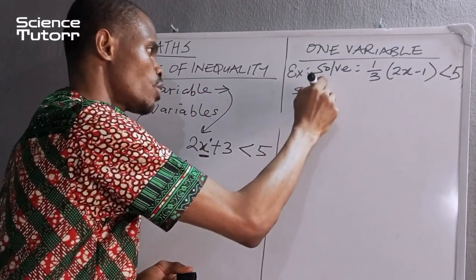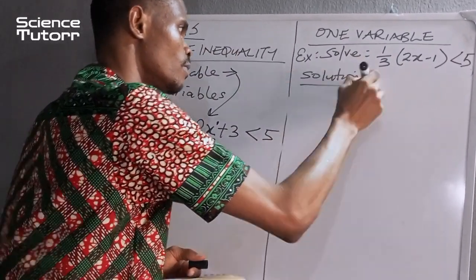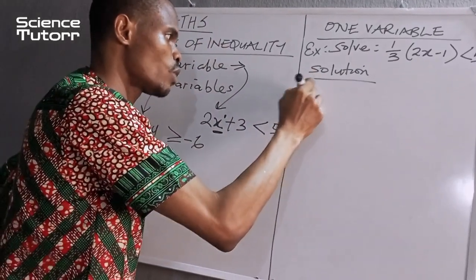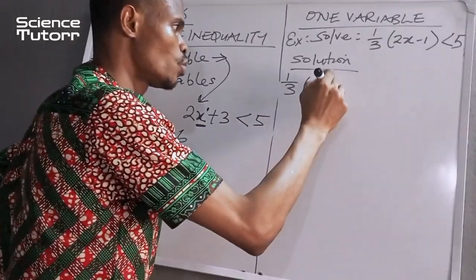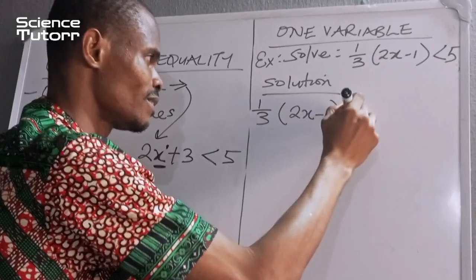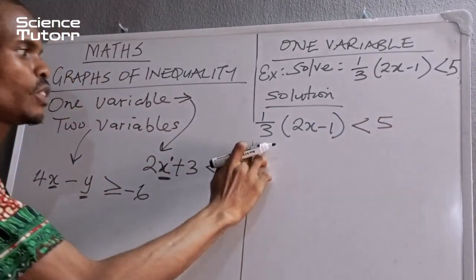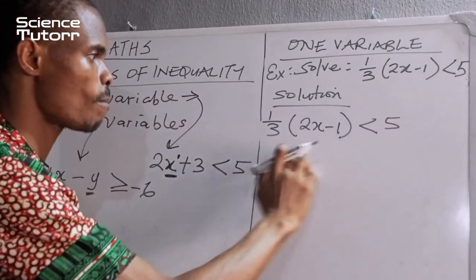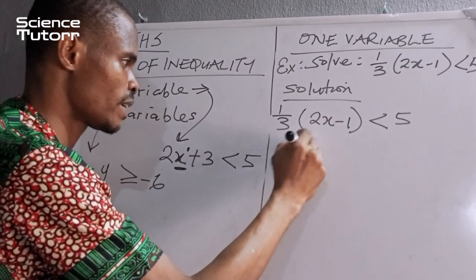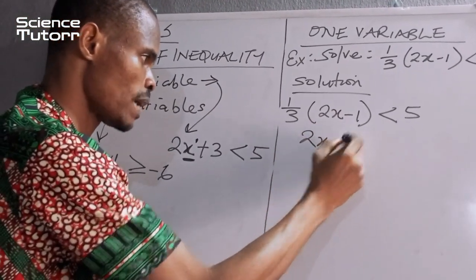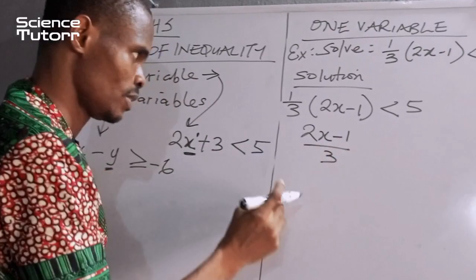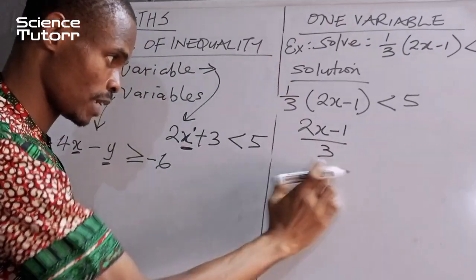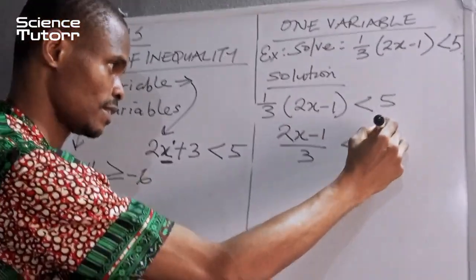Now let's quickly run through this problem. So we have 1/3 into 2x minus 1 is less than 5. Now the 3 can come below here, so I can write this like this: 2x minus 1 over 3. So 1/3 simply brings down the 3 here, is less than 5.